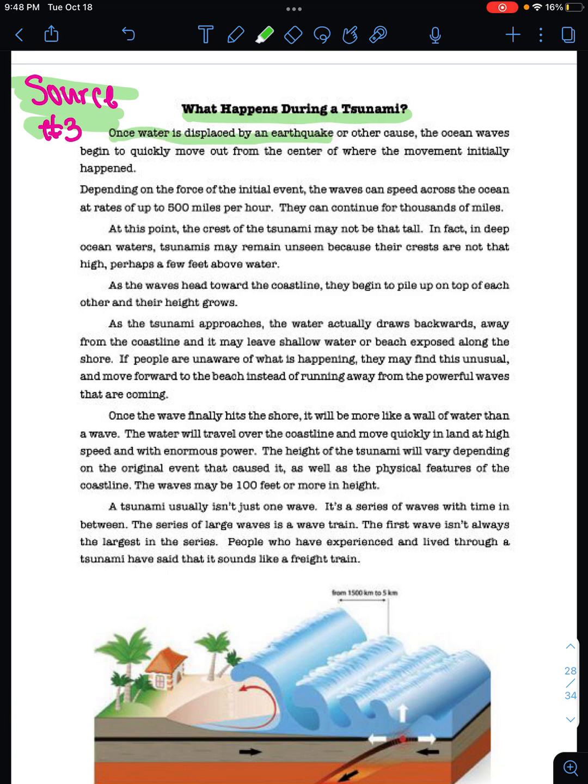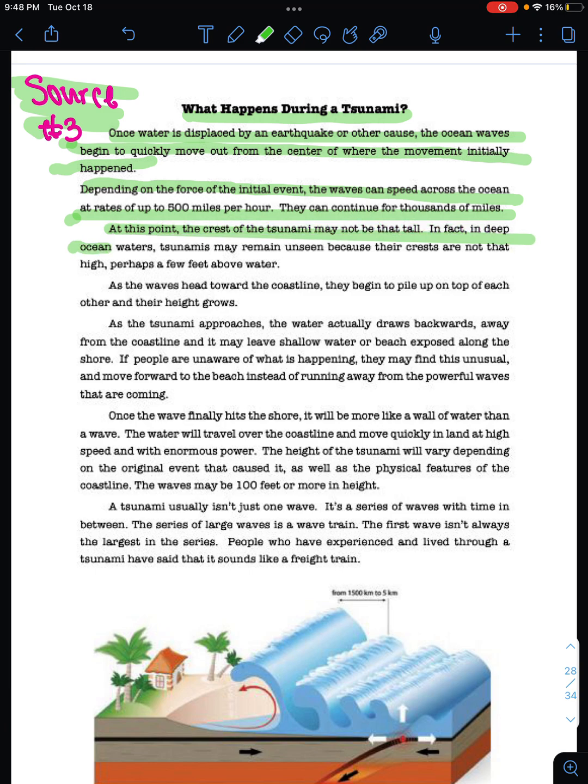Once water is displaced by an earthquake or other cause, the ocean waves begin to quickly move out from the center of where the movement initially happened. Depending on the force of the initial event, the waves can speed across the ocean at rates of up to 500 miles per hour. They can continue for thousands of miles. At this point, the crest of the tsunami may not be that tall.